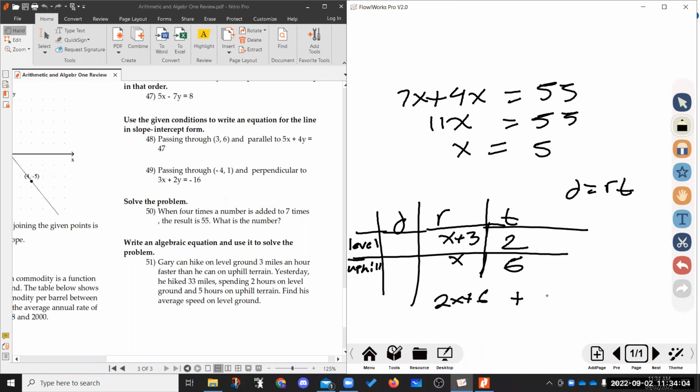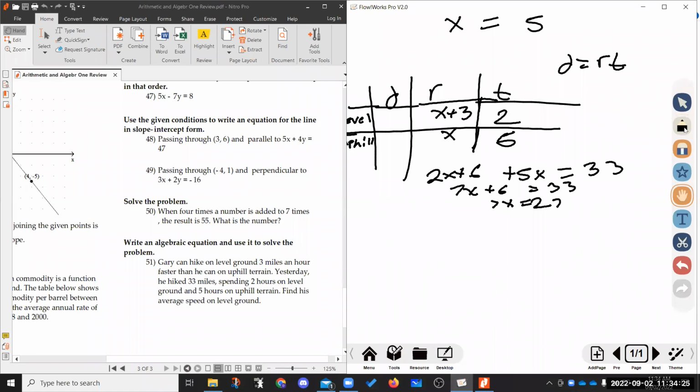I'm going to add that to 5x, and my total distance is 33 miles. 5 plus 2 is 7. 7x is equal to 27. Divide by 7. x is equal to 27 over 7.